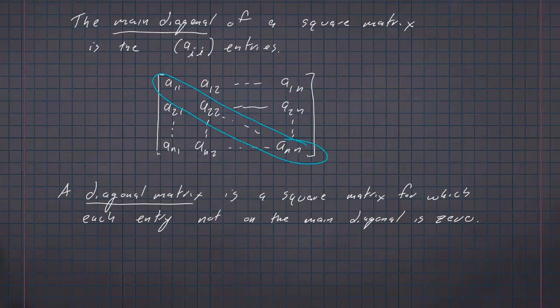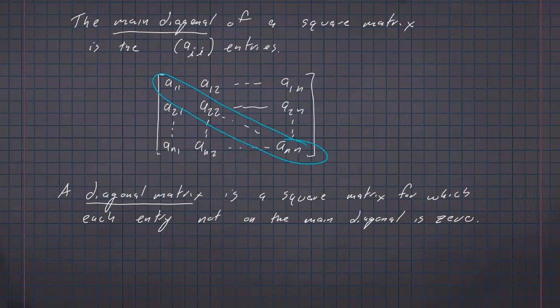The thing to pay attention to about a diagonal matrix generalized is that we say absolutely nothing about what is on the main diagonal. It could in fact be that every entry on the main diagonal is also 0. So really boring matrix, the 0 matrix, but it is still a diagonal matrix.